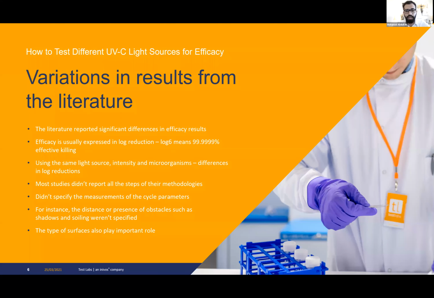And as we know, UV light relies on the direct exposure of light on these surfaces, and in that case, these microorganisms will just hide from the exposure. And I think all these parameters are vital to measure and report the right level of efficacy, and all these conditions must be reported to have a validated process that can be repeated in different environmental conditions.